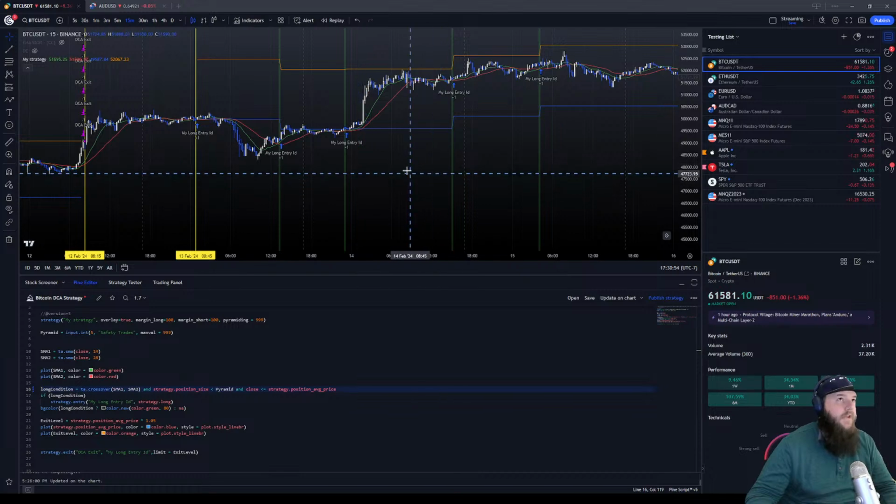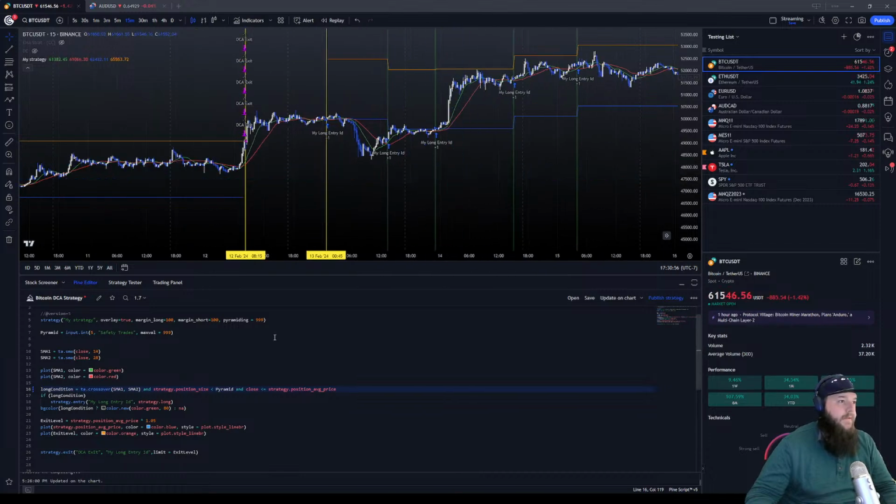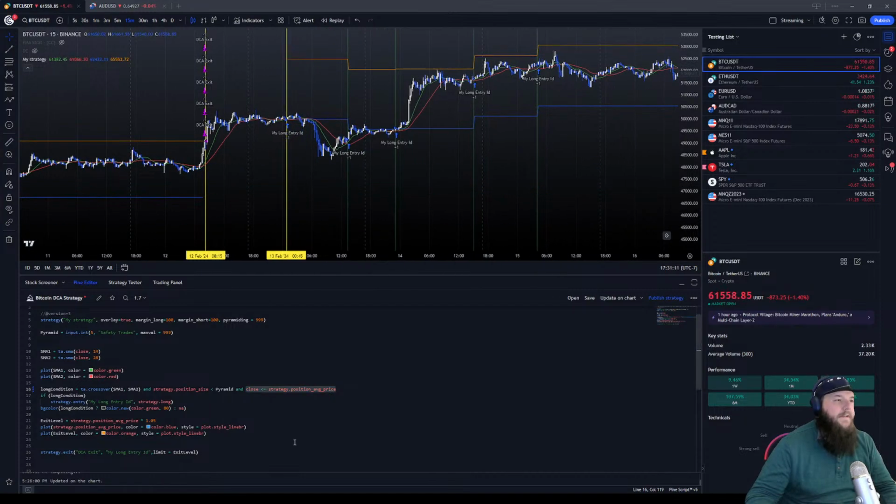Right? So here's what we're going to see once we update this. We have this condition, which is our base condition. We might need to change this a bit, but let's see if it works. I think it will.